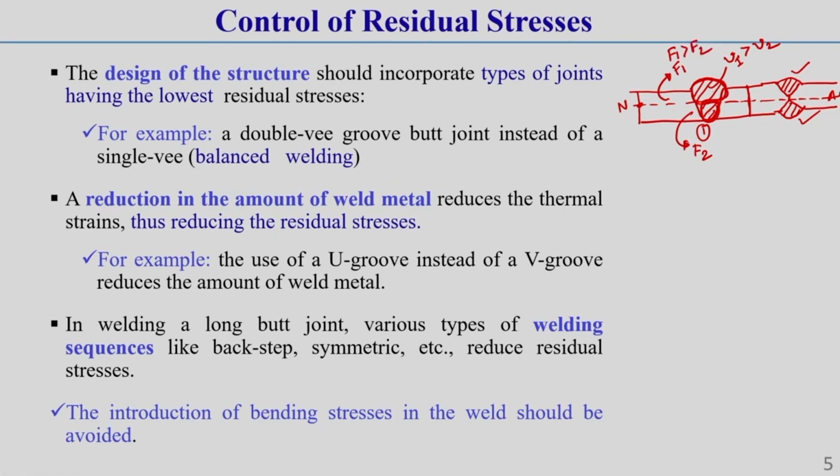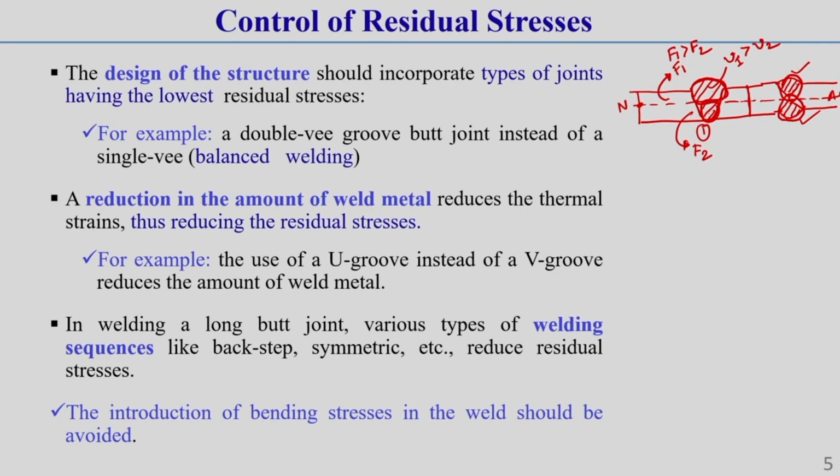Due to this unbalanced force, and as the volume of material is more in single V, more residual stress will be developed. Whereas in a double V bar joint, as about the neutral axis more or less equal amounts of material are there, the top sinkage force and bottom sinkage force will be more or less balancing.